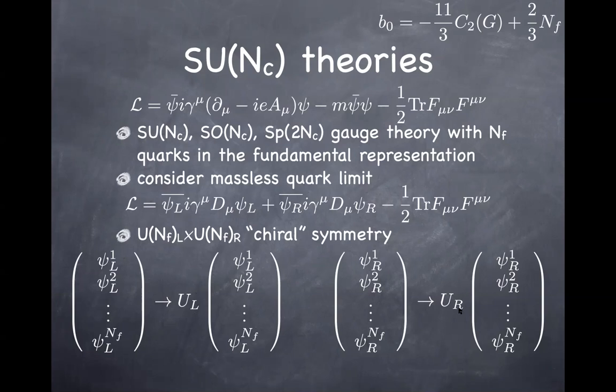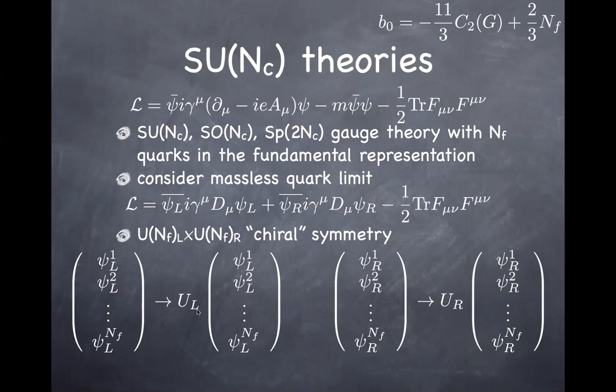And you can do the same thing for the right-handed fermions. Again, the right-handed fermions come with species from 1 to N_F, so there are N_F flavors of them. And I can freely rotate this column vector by another N_F by N_F unitary matrix U_R.